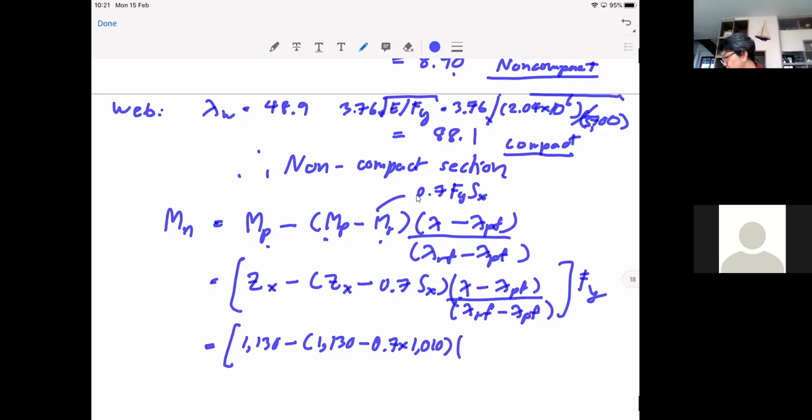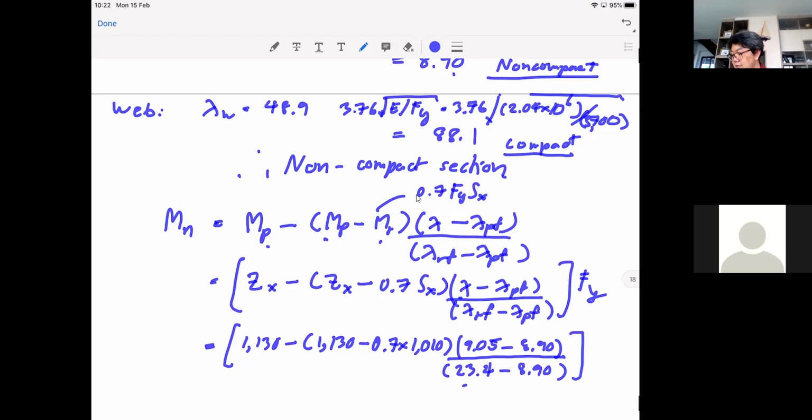Okay, this is 9.05 minus 8.9, that it? Yep. Divided by 23.4 minus the 8.9. I forgot to calculate that for you.